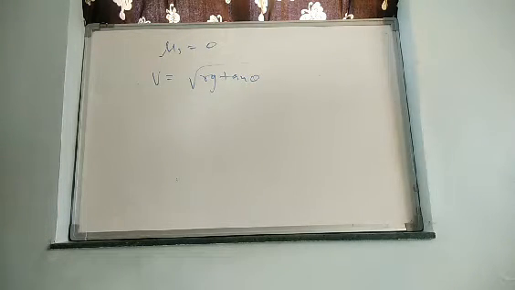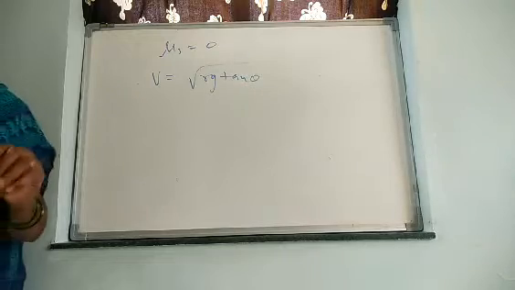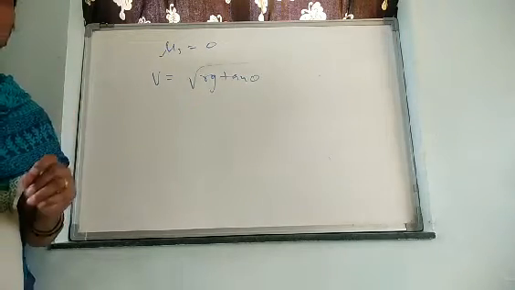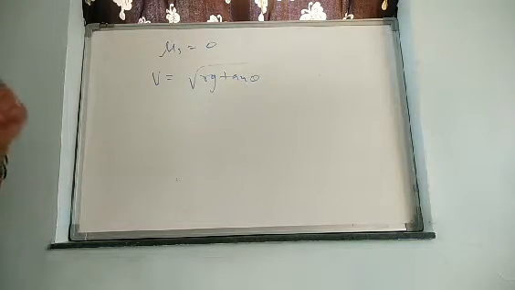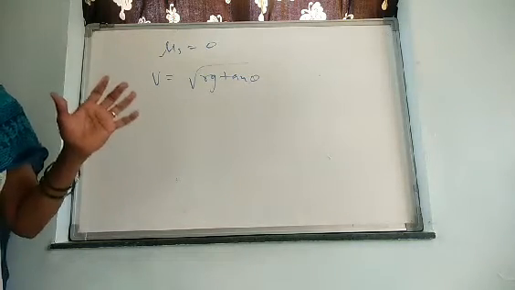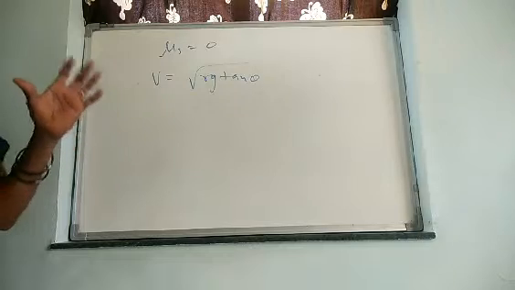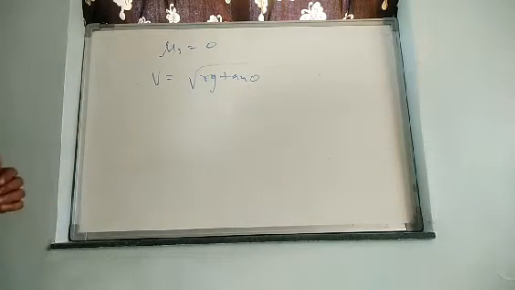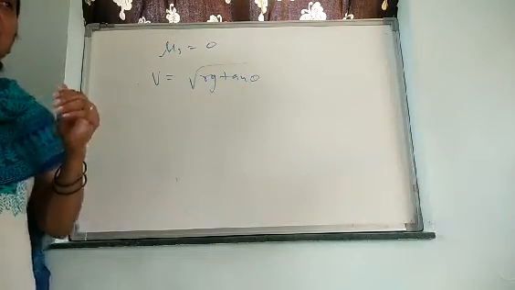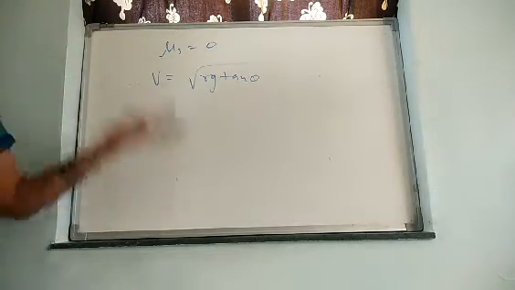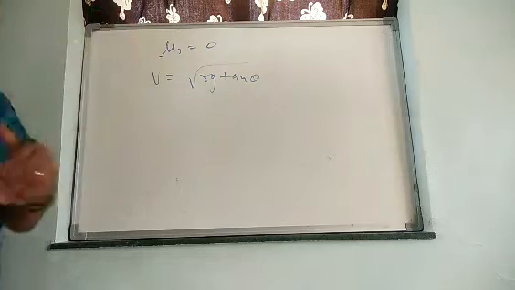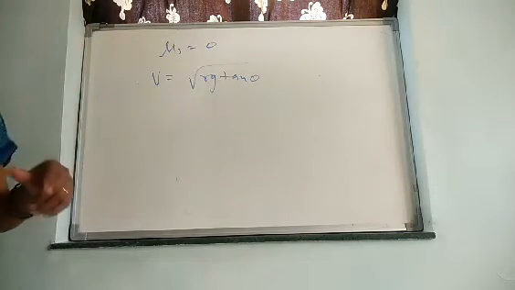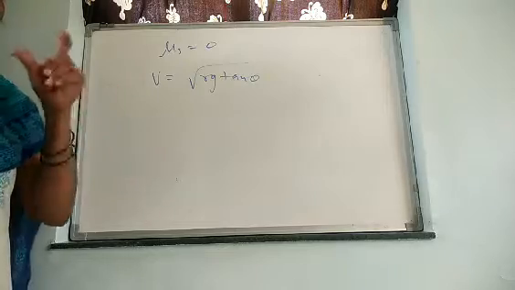And another example, we have seen the banking of roads: the definition of banking of road, necessity of banking of roads, and the expression for banking of road without considering the forces acting, that is, the force of friction and the air resistance. By neglecting that, we found v is equal to under root rg tan theta. That is the maximum speed limit, but that speed never remains as it is. It may increase or decrease, and Fs helps us to decide that speed limit.